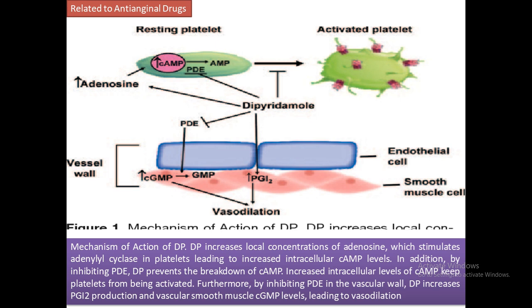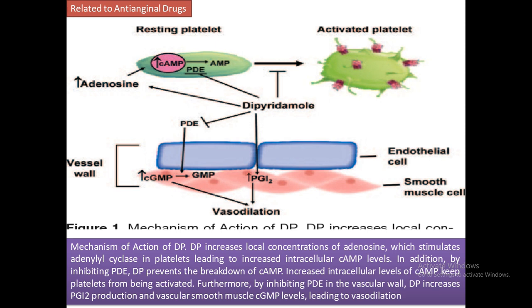So the drug dipyridamole basically inhibits the PDE. So it inhibits the conversion of the cAMP to the AMP. It also directly inhibits the activation of the platelet from AMP, and it also increases the vasodilation in smooth muscle. It inhibits the conversion of the cGMP to the GMP, increasing the cGMP level, which is responsible for the conversion of the myosin light chain kinase phosphate to the myosin light chain, which is responsible for the vasodilation.